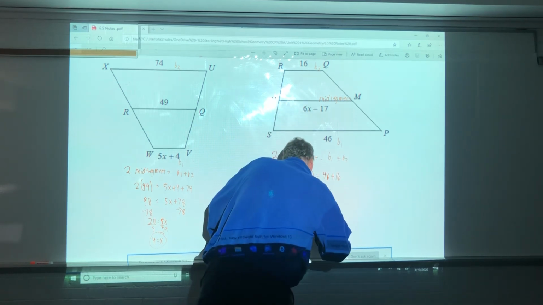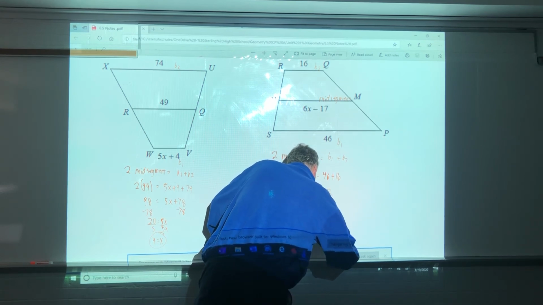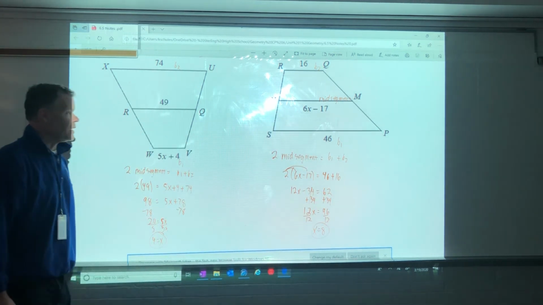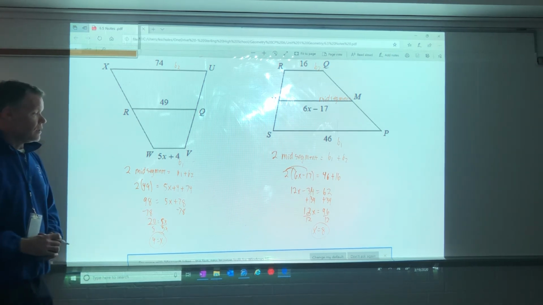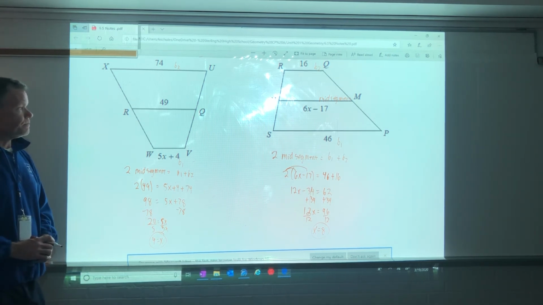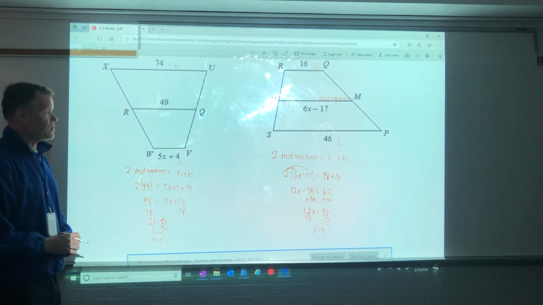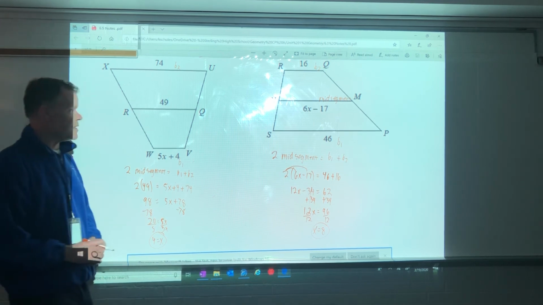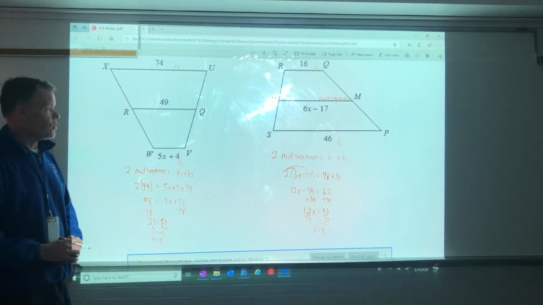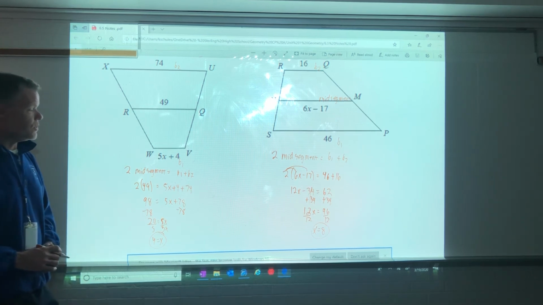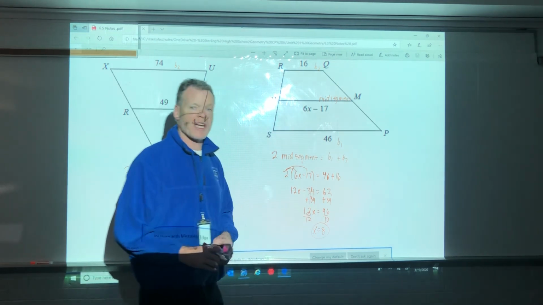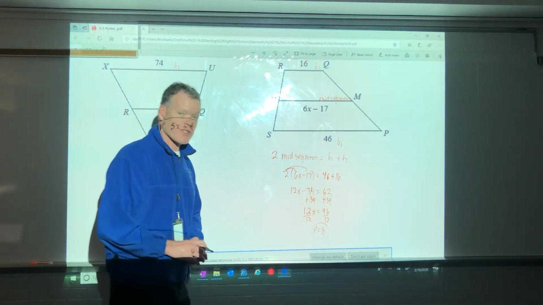We're going to get 12x equals 96, divide by 12, and x equals 8. And again, it makes sense here. You're going to have your 46 and your 16, 62, and then your 6x, which is 6 times 8, 48, minus 17, gives us 31. So this 31, when we check it, will be half of 46 plus 16, 62.